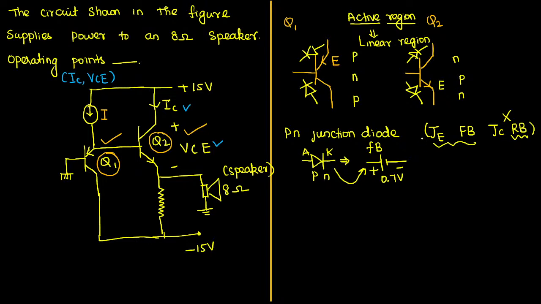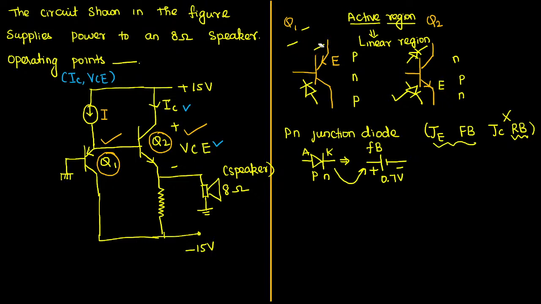Where is the emitter junction now? In case of a PNP transistor, this is the emitter junction. In case of an NPN transistor, this is the emitter junction. So here I can replace this diode by its corresponding source, that is the equivalent circuit in forward bias. You know how to do that. One minute, now I am replacing the diode.